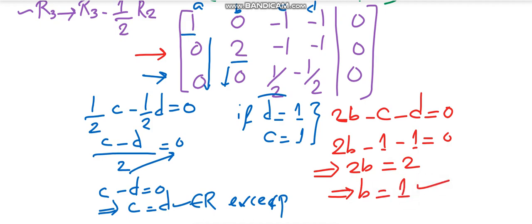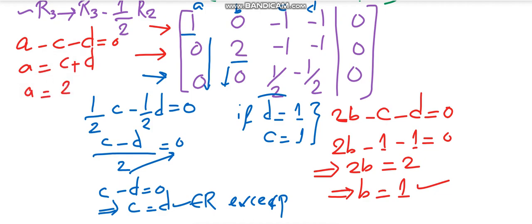This is the third value that we have determined. Now let's move to the last equation. I will solve it over here. So we will have A minus C minus D is equal to 0. So A is equal to C plus D. Hence A is equal to 2, since C and D both are equal to 1.